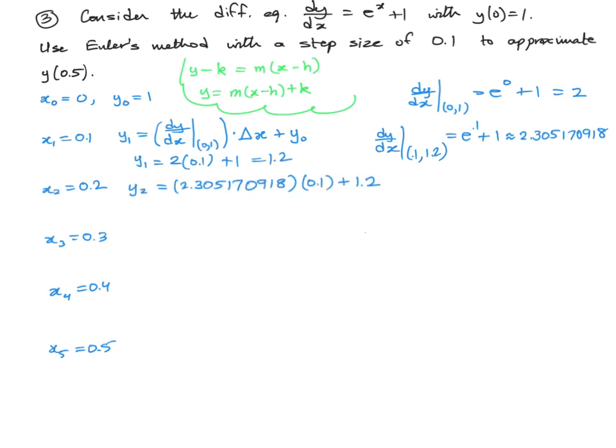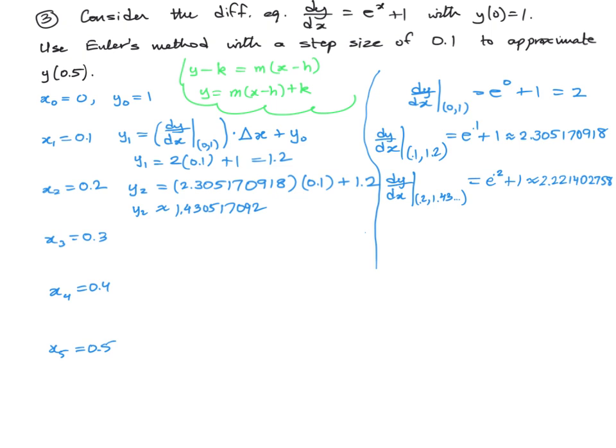So to do that, I have y2 equals, I use the slope I found over here, times the step size, plus the y-coordinate from the most recent point, which was 1.2. So y2 equals 2.3 or whatever, times 0.1 plus 1.2. So we end up with y2 equals this decimal. So now I've got the x2, y2 value.